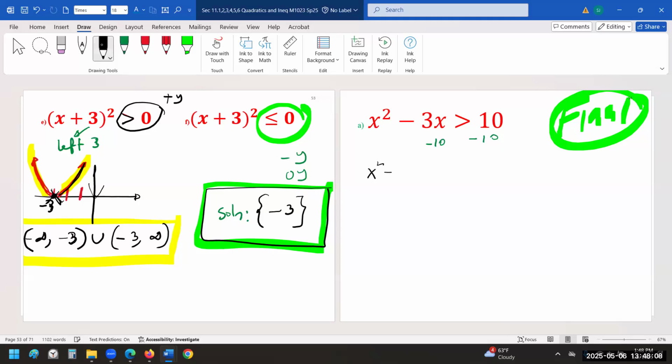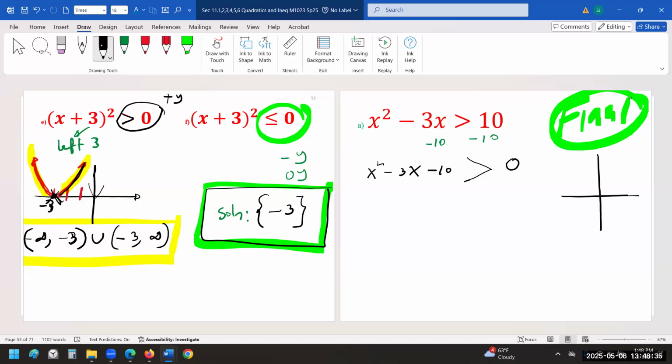So we have x squared minus 3x minus 10 bigger than 0. Our goal is to graph this. But we can't do this transformation anymore.